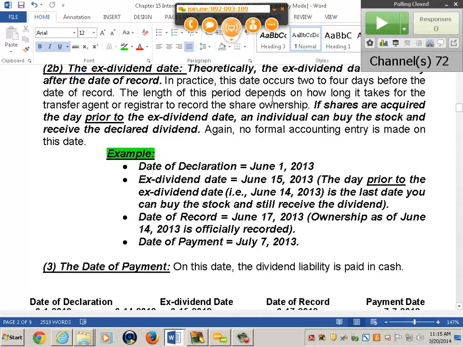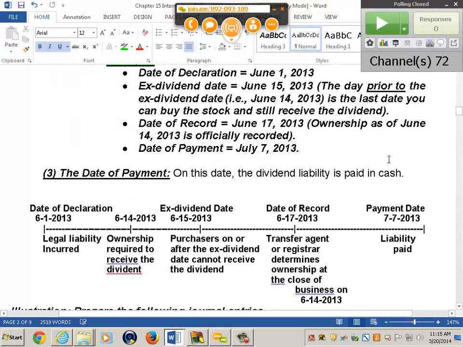So to see this, you really need a timeline, and here's the way it would look. On June 1st, that's the date of declaration. The legal liability is declared. Now, the date of record, that's where there's no journal entry.